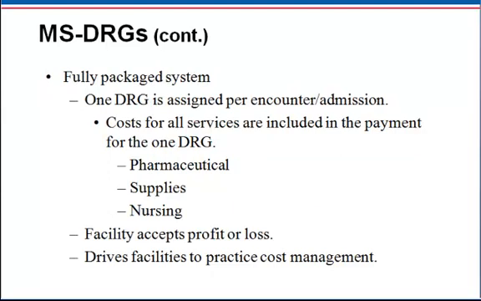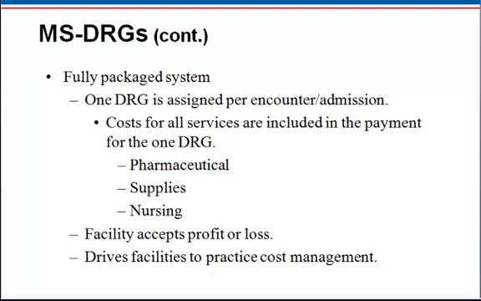Effective October 1st, 2011, the DRG system moved to Medicare Severity Diagnosis-Related Groups, or MSDRGs. It has a reasonable number of groupings for hospitals to evaluate and manage. It was considered a fully packaged system. One DRG is assigned per admission.